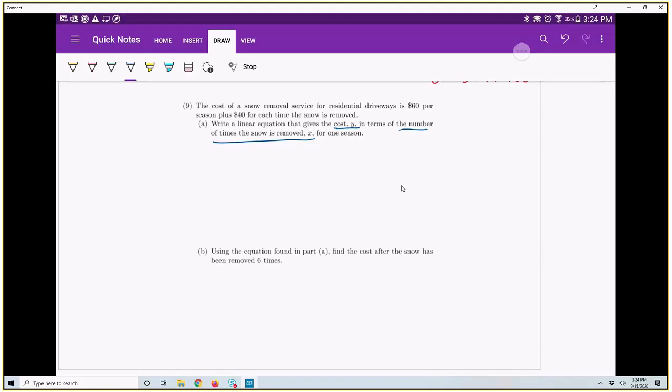Okay, so that should be y equals $60 plus $40 every time the snow is removed. If we weren't sure, we could, again, think about ordered pairs. We could think, well, even if they didn't remove any snow, I'm paying them $60, then every time they come out, I'm paying them another $40.